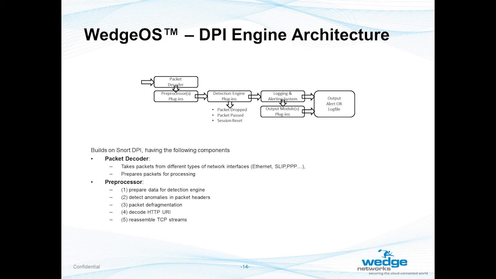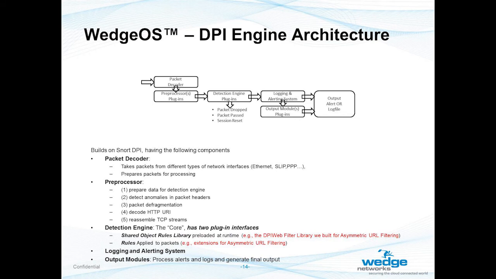It will detect anomalies, so that's how we block certain threats that are coming through the packets. It would also accommodate defragmentation, because in a network the packets do not necessarily flow in nicely. They can be out of order. They can be fragmented, and we can also decode HTTP URIs and reassemble streams there.